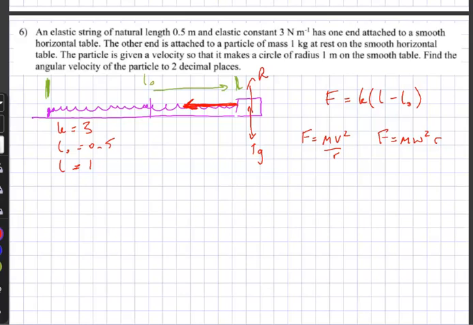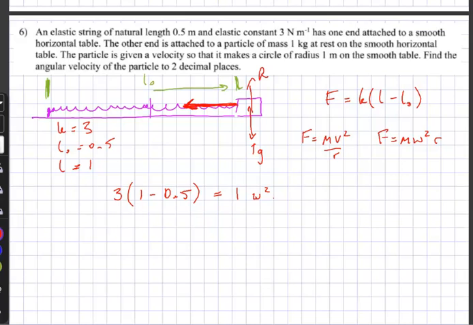So we can say that the force being caused by the spring is going to be 3 multiplied by 1 minus 0.5. That's my restoring force of the spring. That is going to equal, now the mass is 1, the angular velocity we don't know, squared, and the radius.